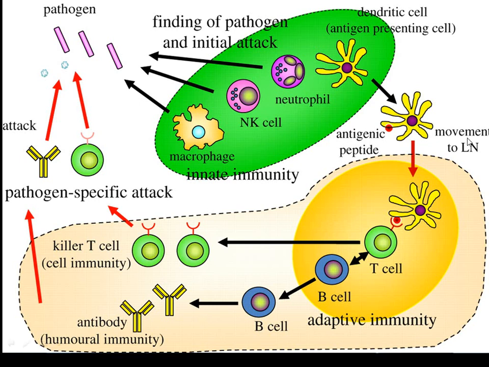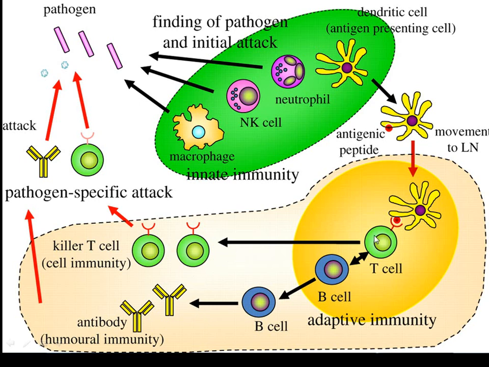There, this antigen presenting cell presents this antigen to the nearby lymphocytes, T cells and B cells, and elicits an immune response. So these cells are activated and converted into effector cells and memory cells.